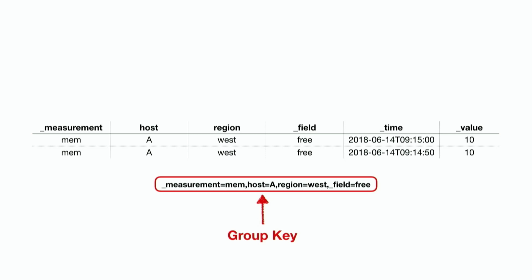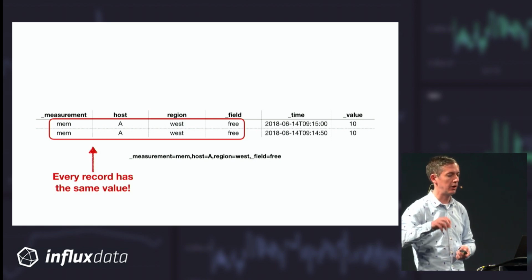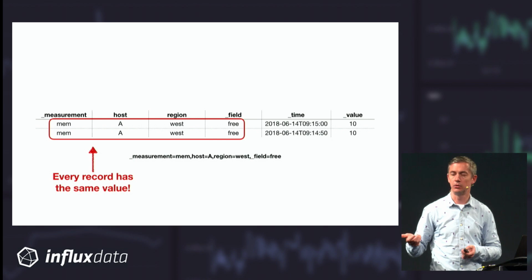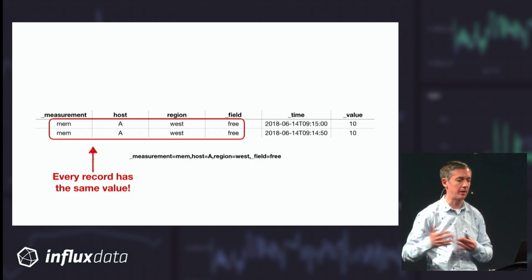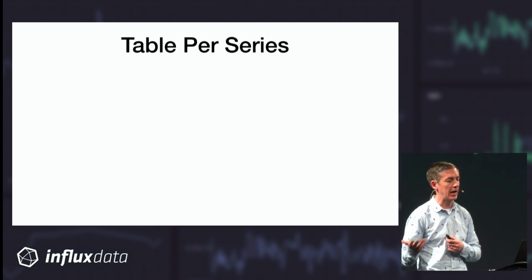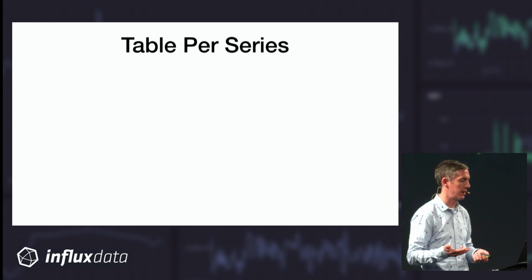So the group key is basically the identifier for the time series that you're working with. And you'll notice that for the things that appear in the group key, every record actually has the exact same value for that thing. So what ends up happening here is we actually create a separate table in the stream for each individual time series.